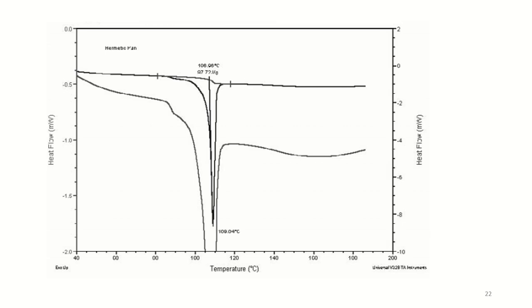This is verified by modulated differential scanning calorimetry data, which was heated and cooled over this entire temperature range. In addition, the glass transition of the amorphous drug is near 50 degrees Celsius.